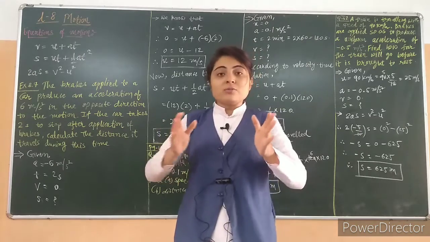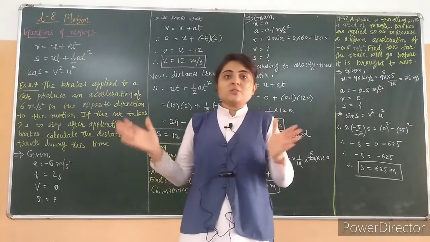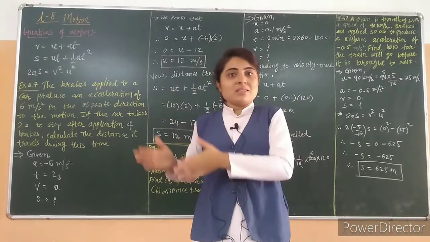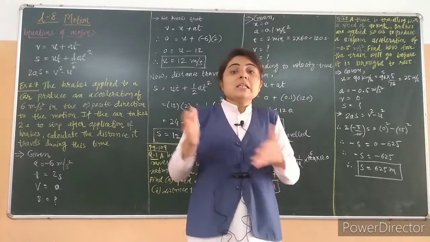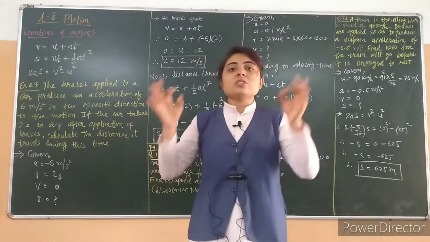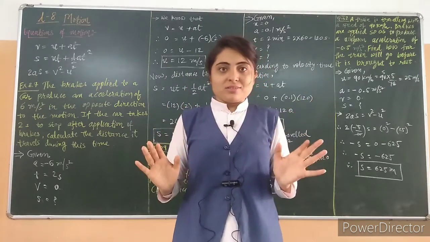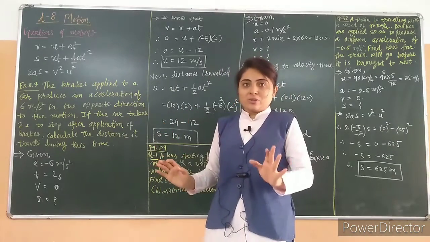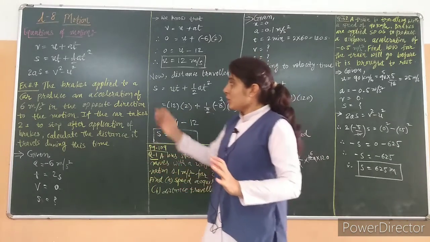These are the steps: first, understand the problem. Then list out the data given in the numerical and see what we need to find. Then use the proper equations. Appropriate equations should be used to calculate the values.